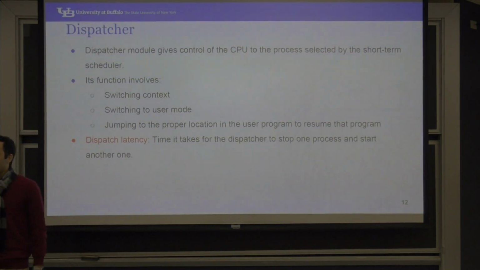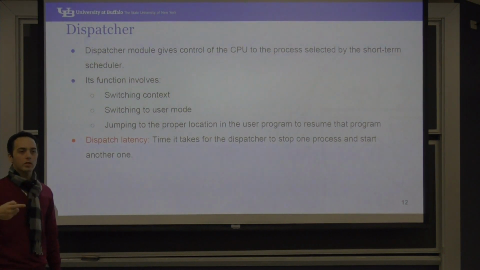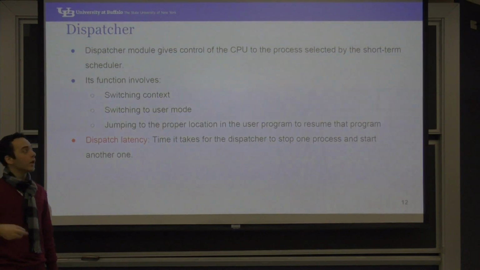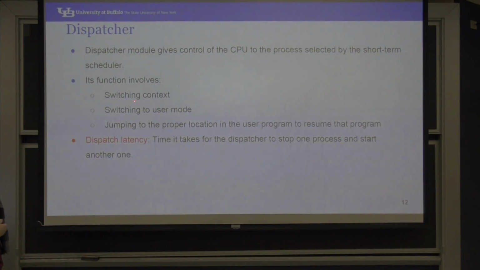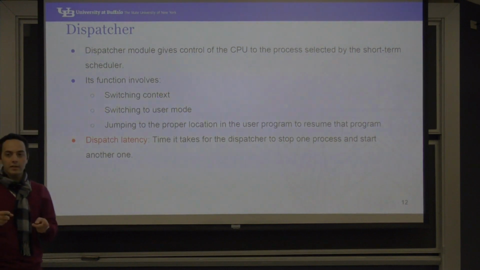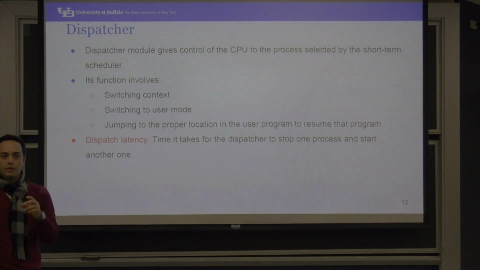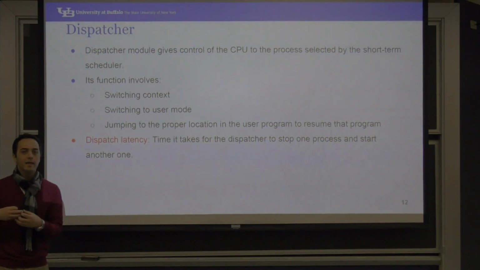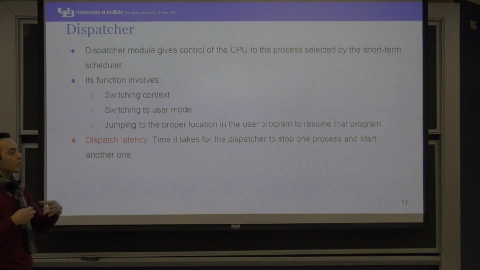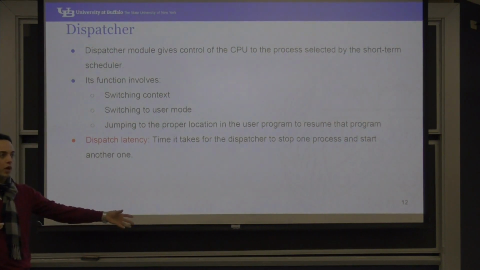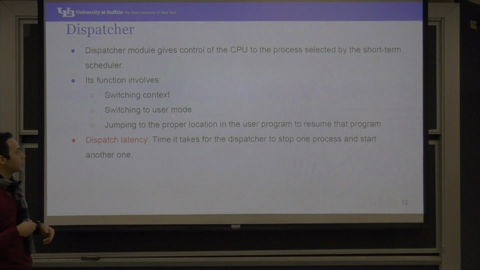So the dispatcher is basically involved when a process context switches, right? The scheduler decides which process should be running, and the dispatcher switches the context between the processes. It freezes this one, saves its state in the process control block, retrieves another process control block, switches back to user mode, and then jumps to wherever the program was paused.